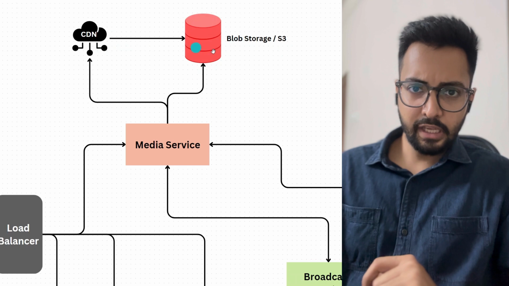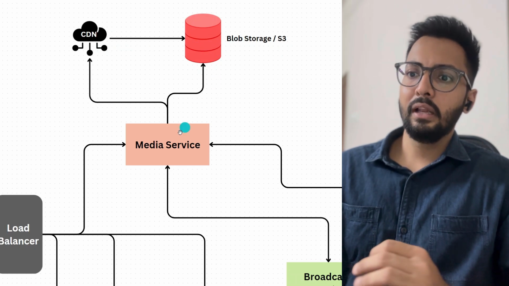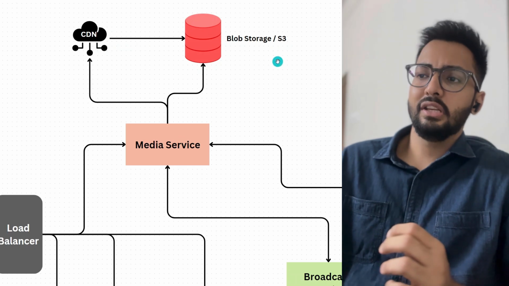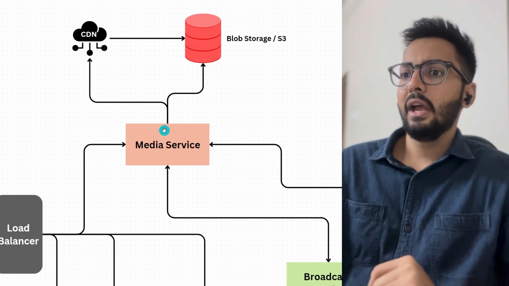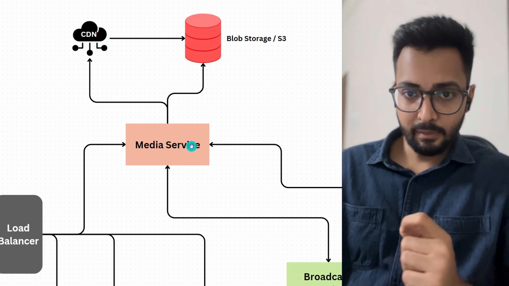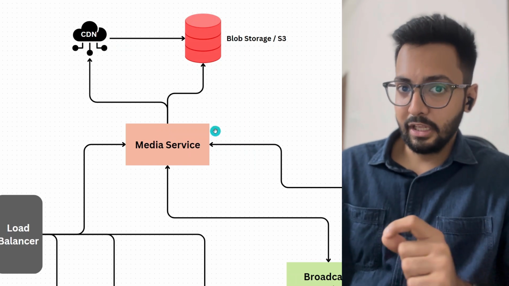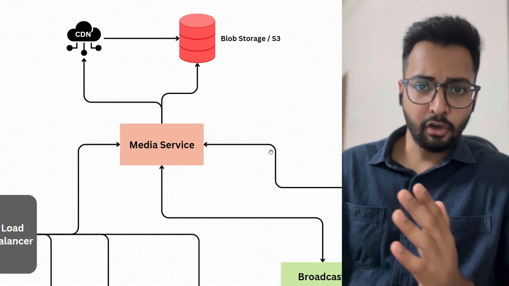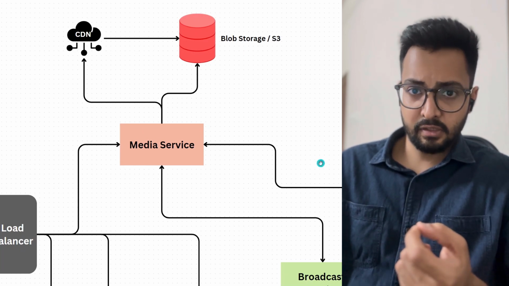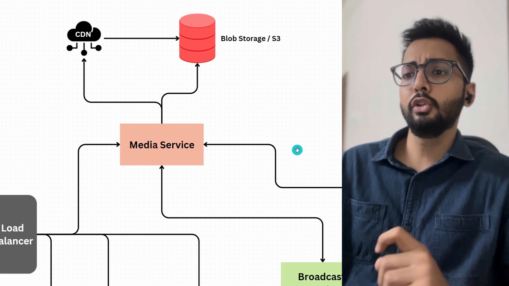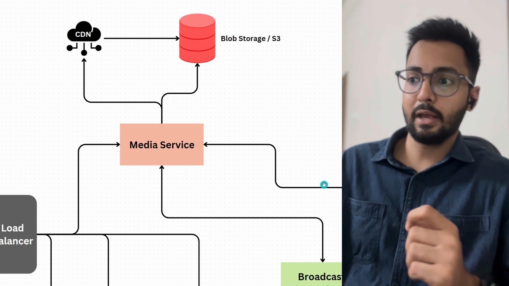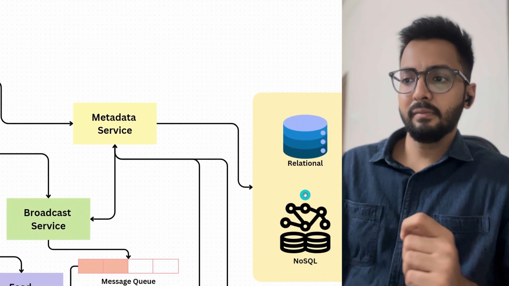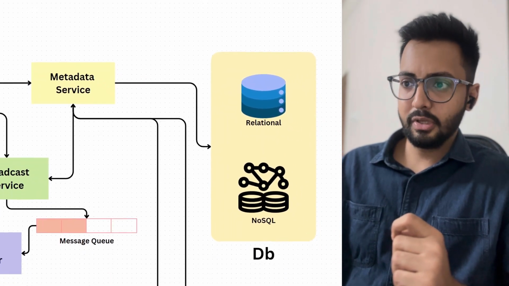It will also generate a unique ID, or let's say a path of this S3 location, and will store that path or unique ID of that particular image along with other information like the caption of the post, or which user has posted, so the user ID and so on. All this information will then be stored in the database through this metadata service.